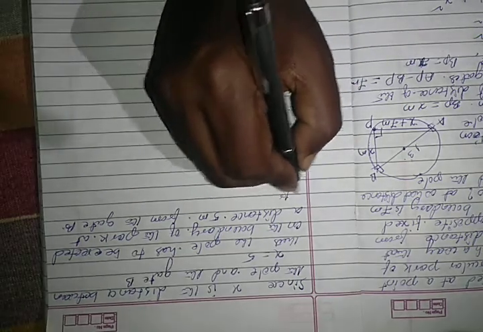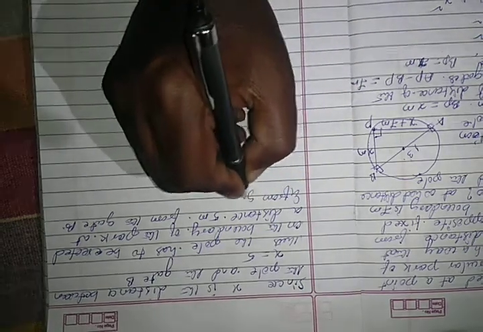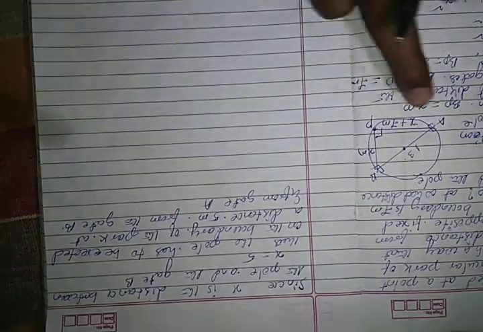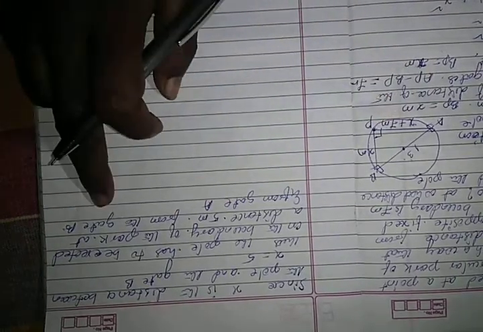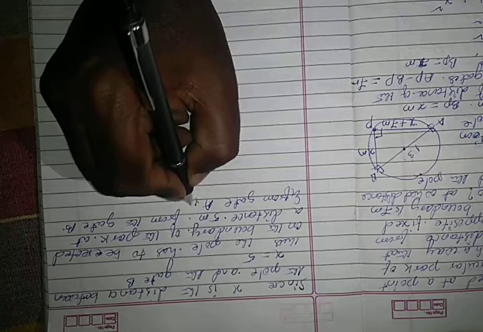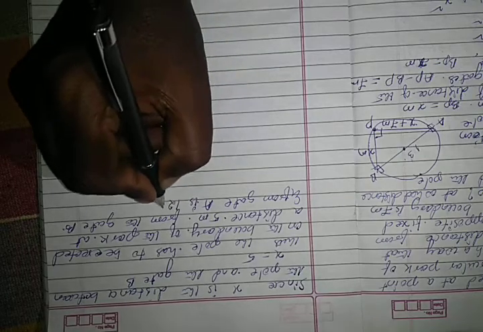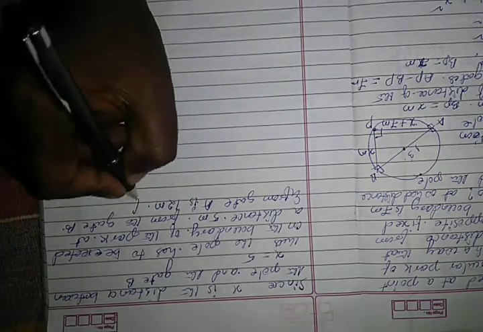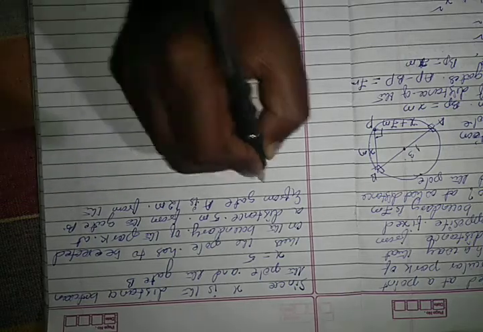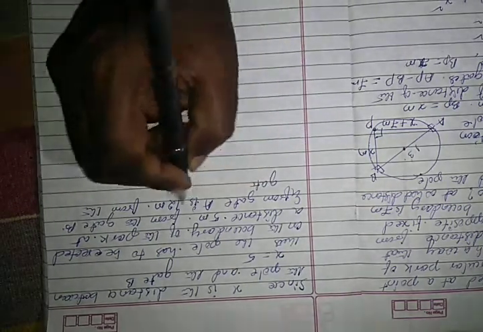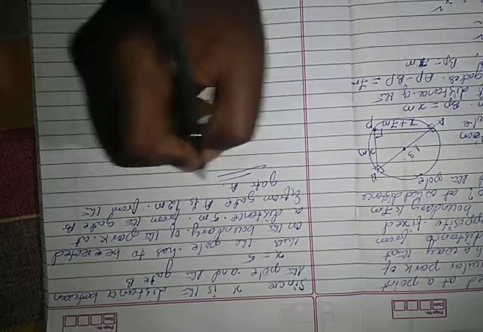From gate A it is x plus 7, x is 5, 5 plus 7 is 12 meter from the gate A.